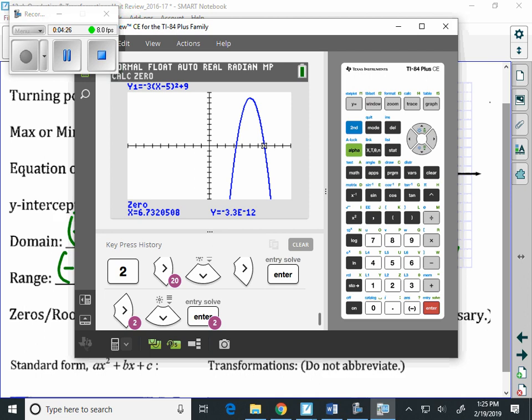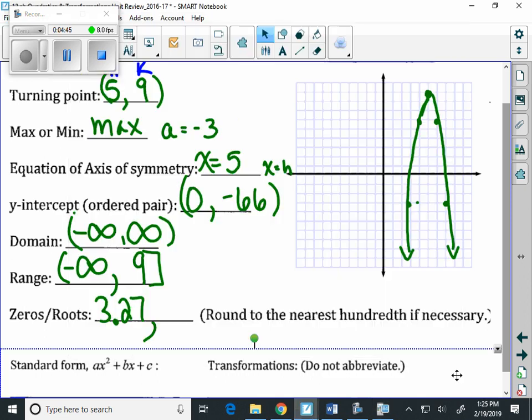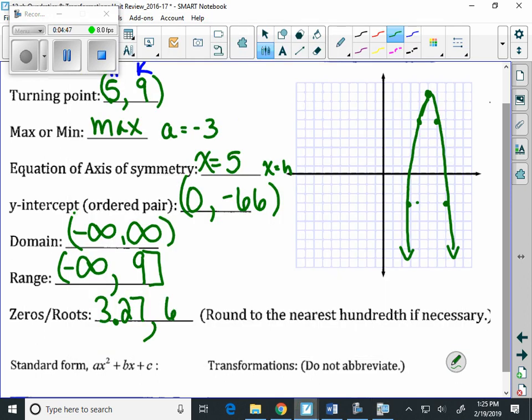And don't get confused here when you see this negative 3.3 e to the negative 12. That's just a number in scientific notation. It's 0.0000, a bunch of zeros before the 3. So we're really going to have our other 0 here, which is 6.73 when we round to the nearest hundredth, which is 2 decimal places.